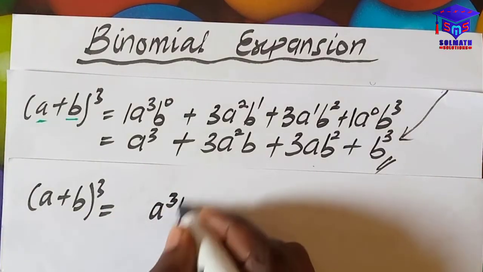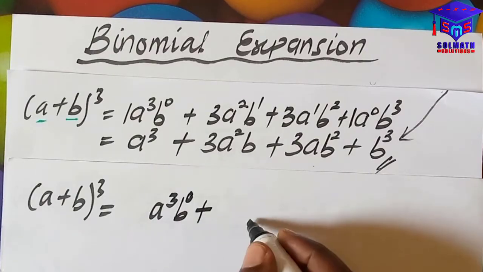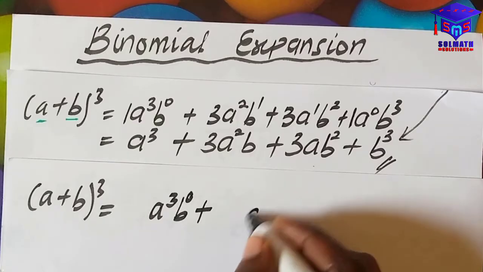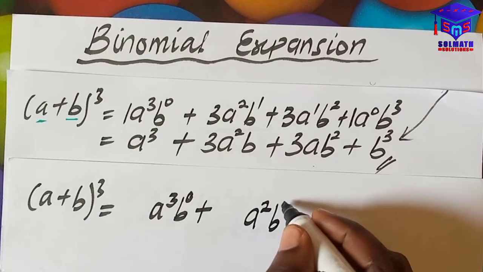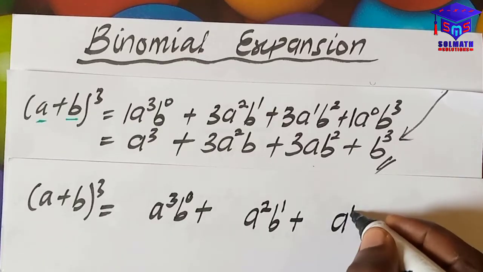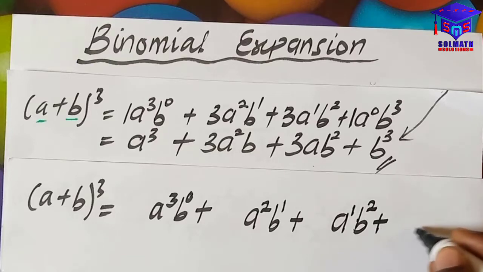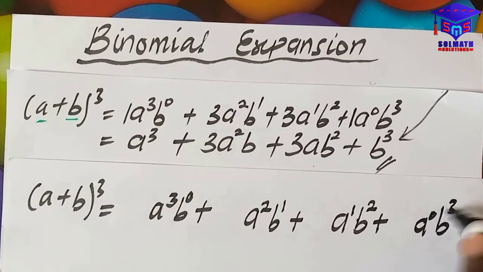So a to the power 3, b to the power 0, plus, let me leave some space for the coefficient. The power of a reduces and b increases, plus space for the coefficient, the power of a reduces and the power of b increases, plus space for the coefficient. The power of a reduces to 0 and b increases to 3.